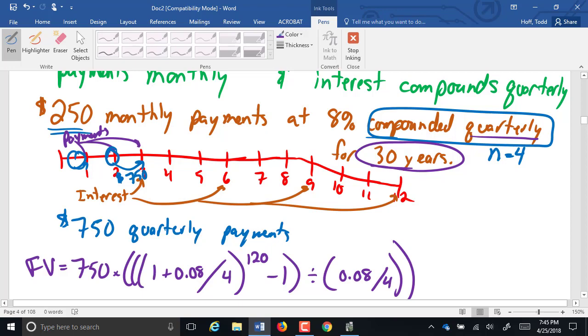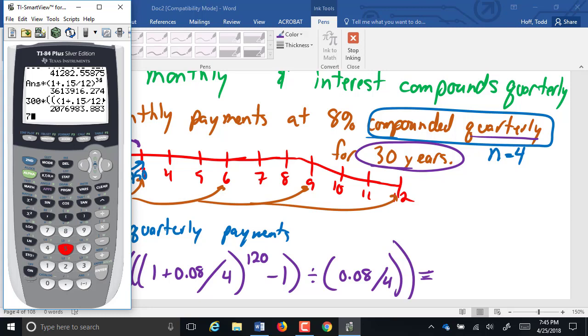So even though payments are actually made monthly, we're treating them as though they're made quarterly because the interest only comes in once a quarter. 750 times 123, 1 plus 0.08 divided by 4, close, power 120, minus 1, close, divided, open, 0.08 divided by 4, close and close.